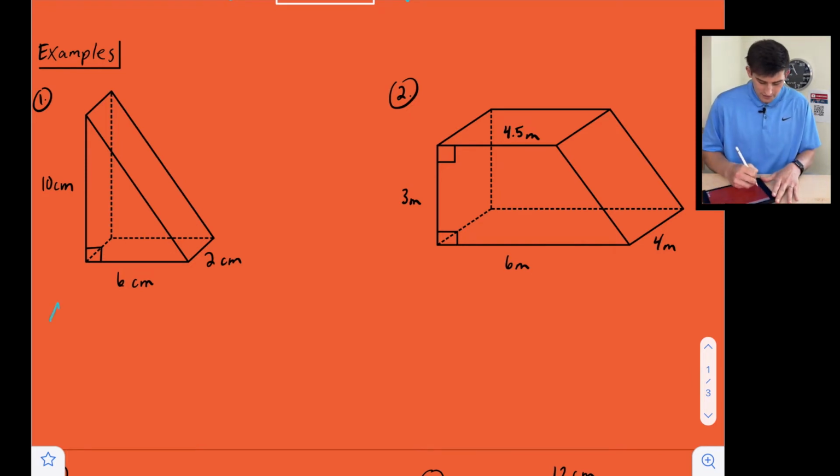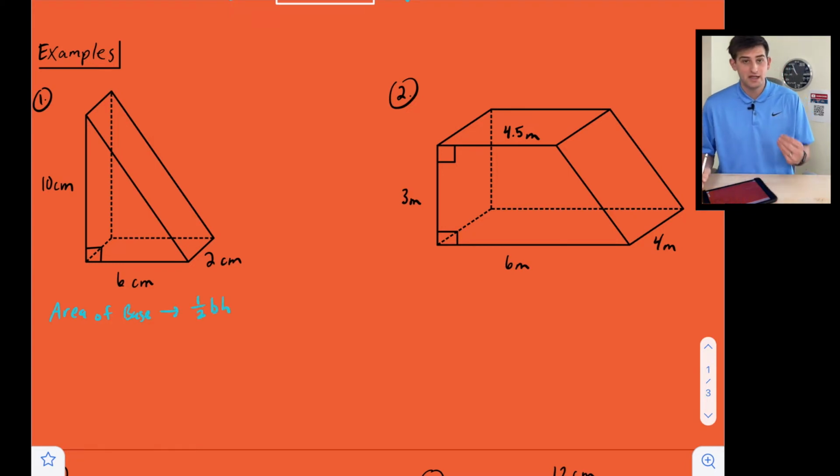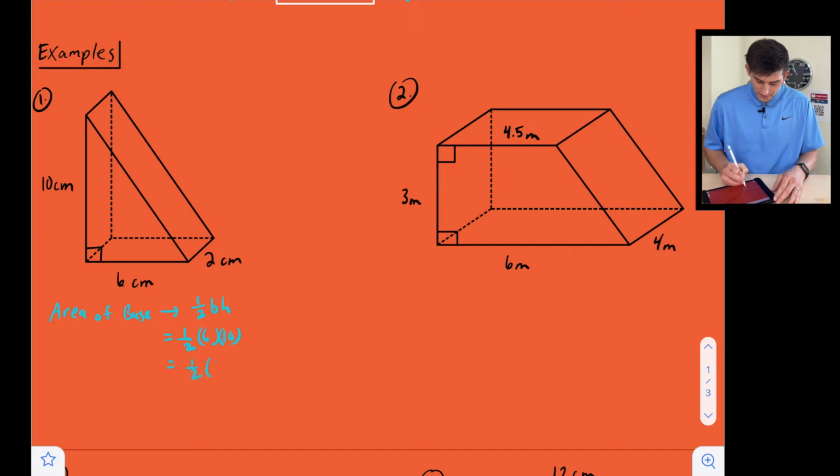So if we find the area of the base, since the base is a triangle, the area of a triangle is 1/2 base times height. Okay, so this is going to be 1/2 times 6 times 10. So 1/2 times 60, which is equal to 30. So we're going to put that in a box for right now.